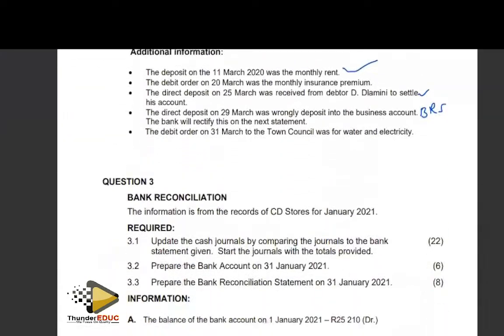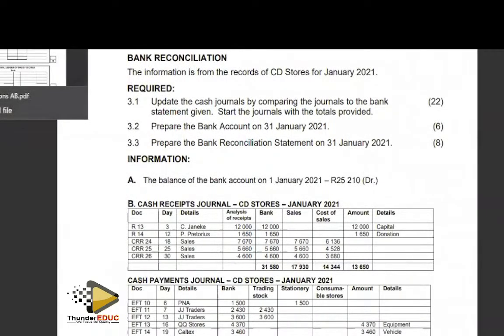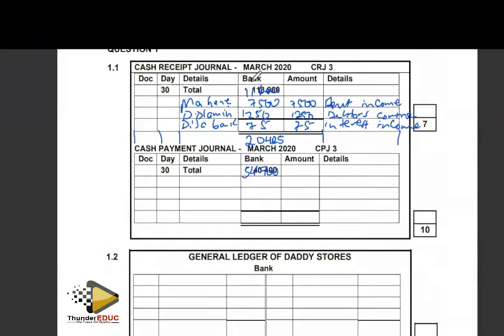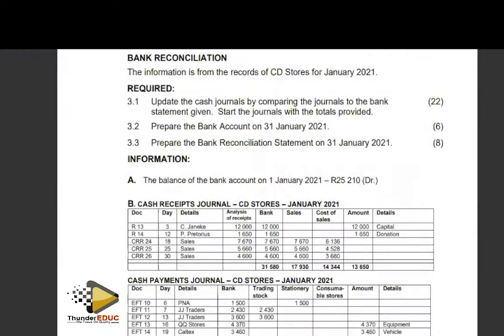We're going to record this in the bank reconciliation statement, okay? Remember, the bank reconciliation statement is a continuation of the banker statement, which you got from the bank, okay? It is a continuation of this.